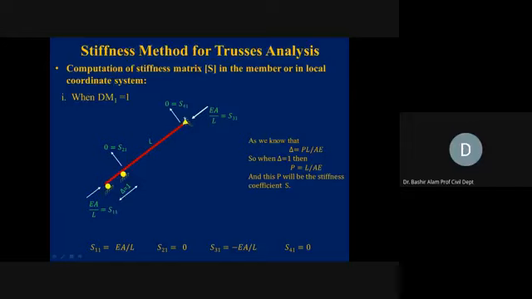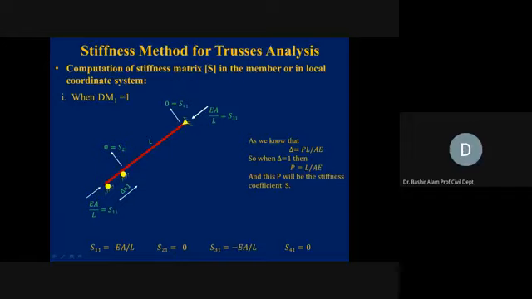And now S41, in the direction of DM4, we don't have any action produced in this case, so that is equal to 0. Now we record its values. S11 will become positive. Why? Because it is in the assumed positive direction. S21 is equal to 0, so that value is recorded here.